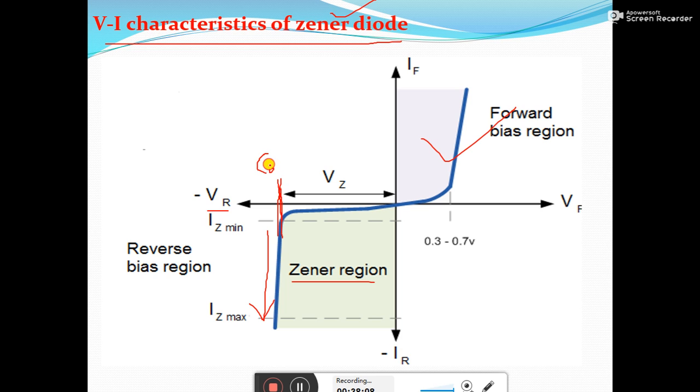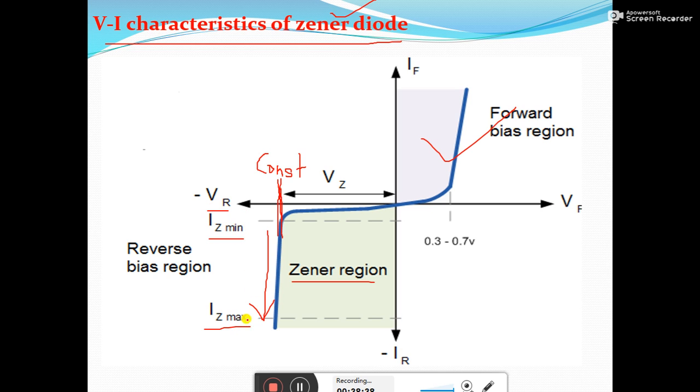This is an important feature. With this feature only, the Zener diode finds its application in designing the voltage regulator. The Vz value, the voltage, remains constant; only an increase in the current is observed here. But you should define two more terms here, that is Iz min and Iz max. This is the minimum current through the Zener diode, and this is the maximum current through the Zener diode.